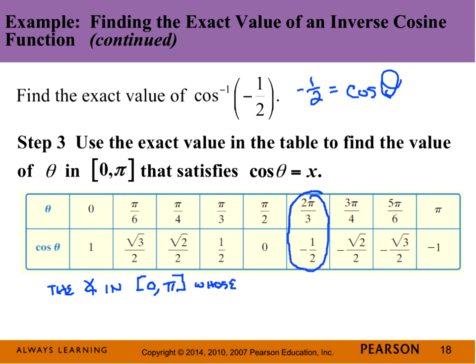So in words, the angle in my domain here, my restriction, 0 to pi, whose cosine is -1/2, is 2 pi over 3, or we could just say that theta is equal to 2 pi over 3.